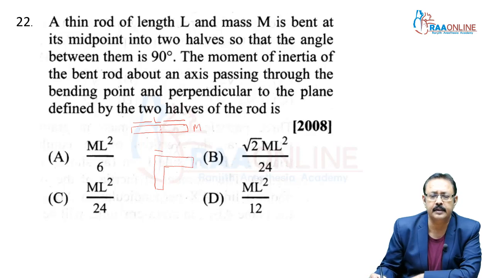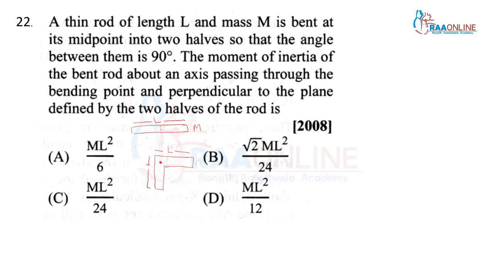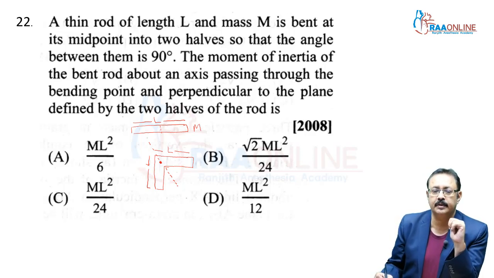It means this length is L, this length is L. We want to calculate the moment of inertia about this axis passing through this point and perpendicular to the plane of the two halves. It means for both rods, the axis is passing through its end point. So we have to use the theorem of parallel axes.